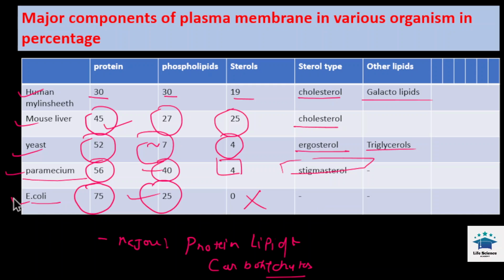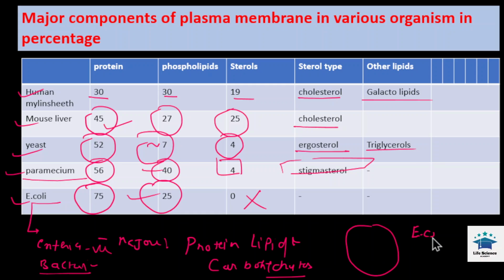If we're talking about E. coli, which is an enteric gram-negative bacterium, which resides in the small intestine of humans, this is the typical structure. Talking about shape and size, E. coli is oval in shape. So we have a plasma membrane, where the percentage of protein moiety is greater than phospholipids.